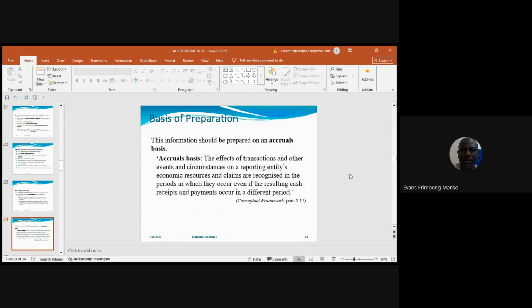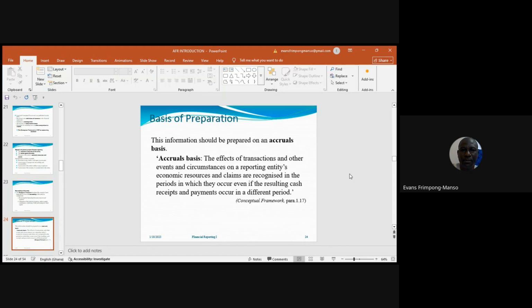Now, these two assumptions, the accrual basis and the going concern basis, are the two major assumptions that accountants make when preparing financial statements. What is the accrual? Accrual simply implies that when the business enters into transactions, whether they have paid for it or not, so far as exchange has taken place, they have to take it into consideration.